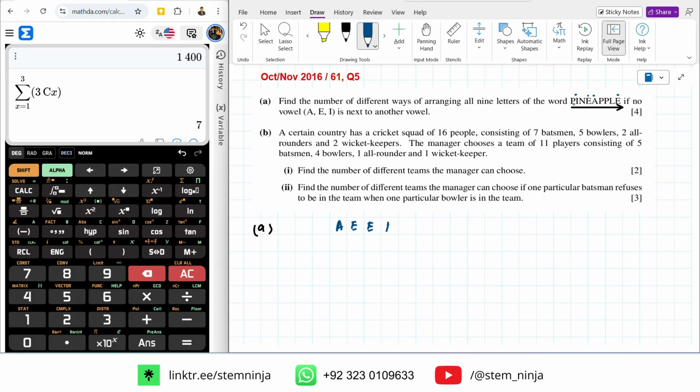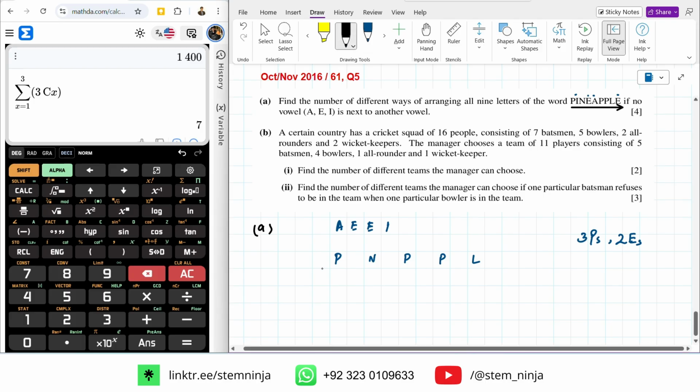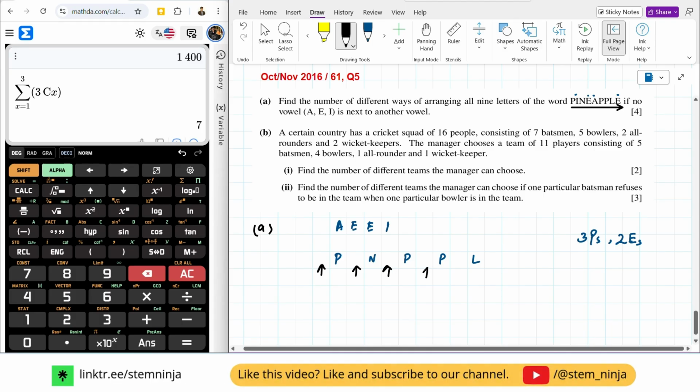So the rest of the letters are P, N, P, P, L, and notice that you have three P's, and two E's, duplicate, identical. So we need to accommodate the vowels in alternate places because we can't keep them together.